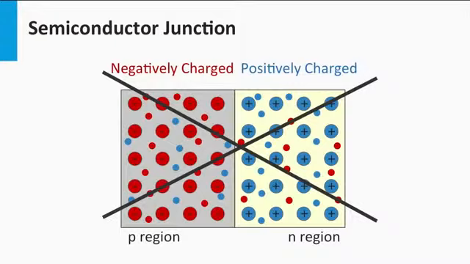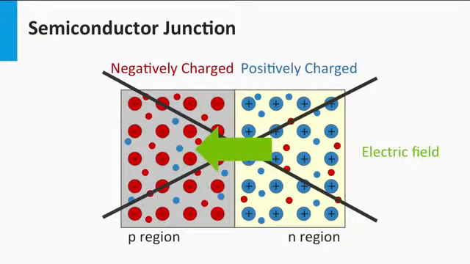The other way around, the n region is heavily positively charged. Although there are just as many holes as electrons, there are still many fixed, positively charged donor atoms in the background. So this charge will create a strong electric field from the n region to the p region.